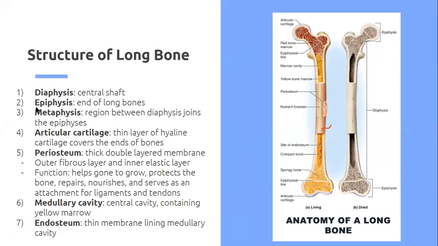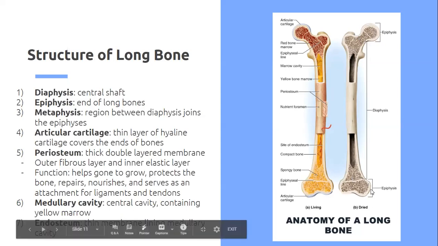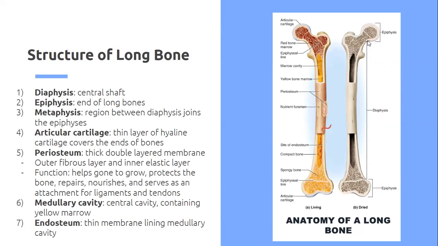Then we have the epiphysis, which is the end of long bones. So you have the diaphysis, the central shaft, and then these two bumpy parts at the top and bottom are the epiphysis, the ends. These connect to other bones. As you can see, this round shape connects in a ball and socket joint, which we'll get to later.